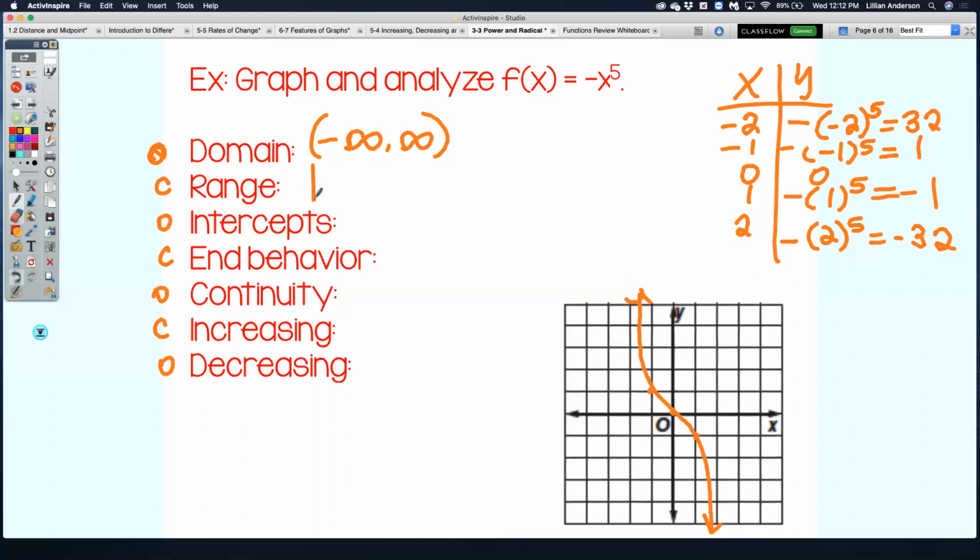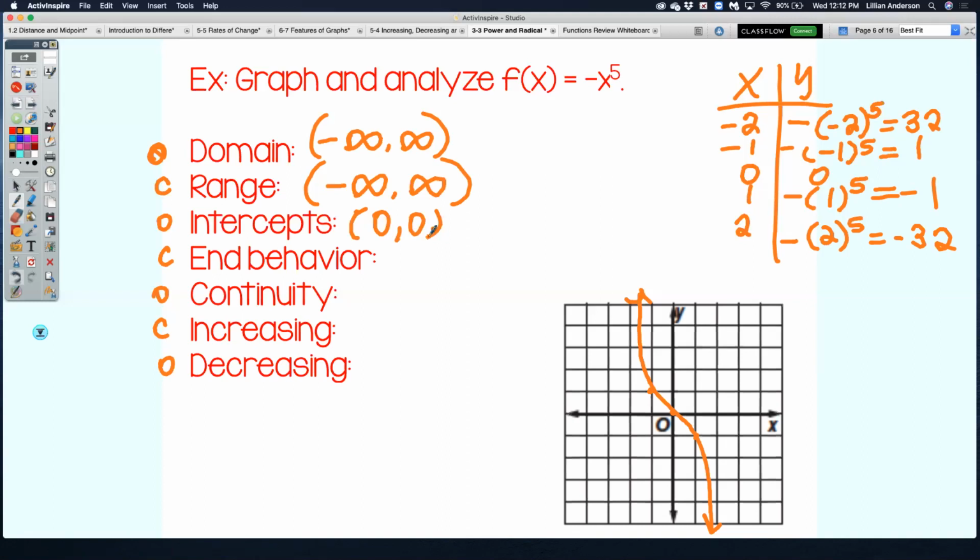This one is -infinity to +infinity. It goes all the way down to -infinity, all the way up to +infinity. Wonderful. Online, let me hear from somebody different. What are my intercepts? X and Y intercept would be 0, 0. Yes, 0, 0 for my X and my Y intercept.